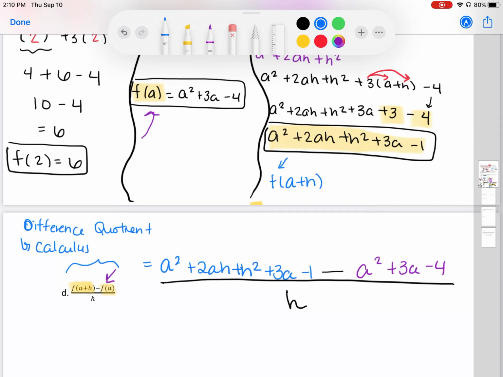All right, so as we look into our numerator, are there any like numbers that we can go ahead and combine? And there is.